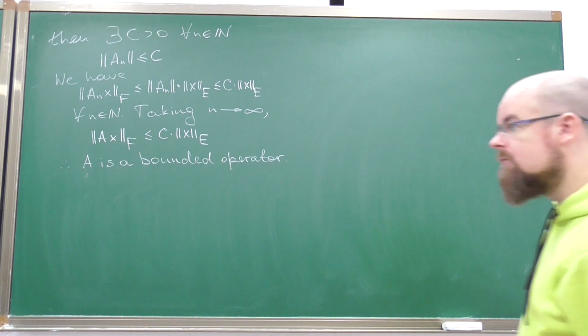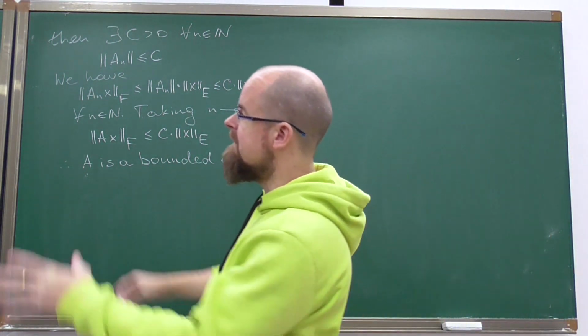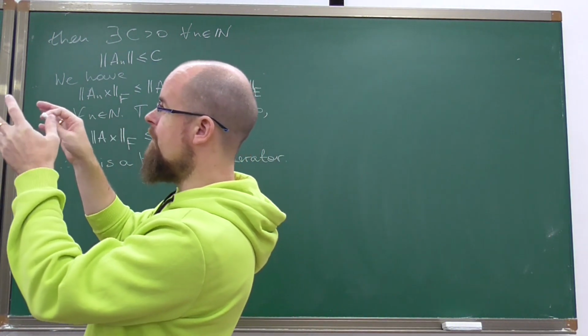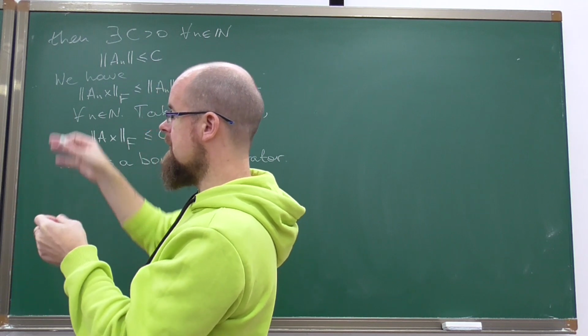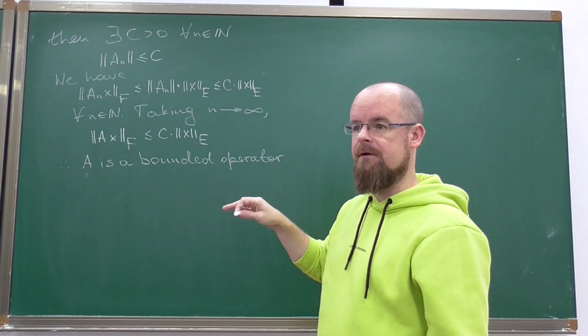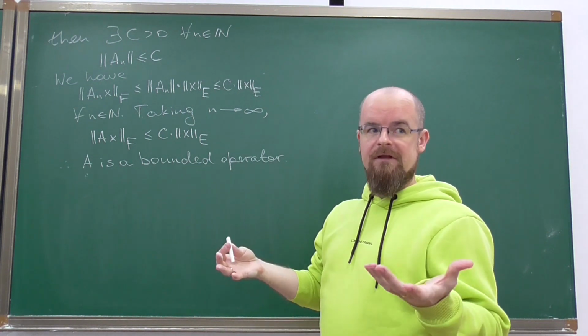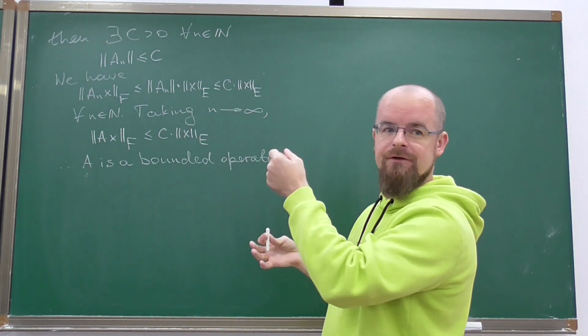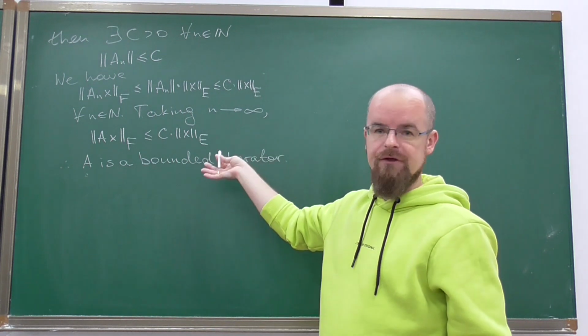Well, what did we do so far? We started with the Cauchy sequence of bounded linear operators. We managed to construct a bounded linear operator. What is left is to prove that the original sequence converges to this operator.